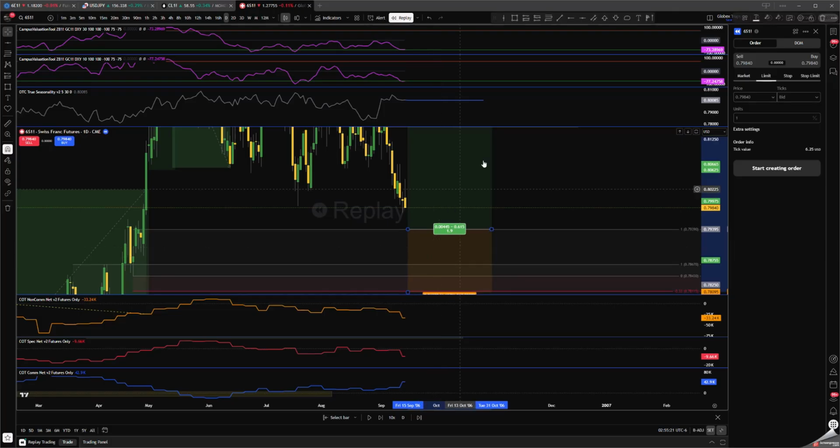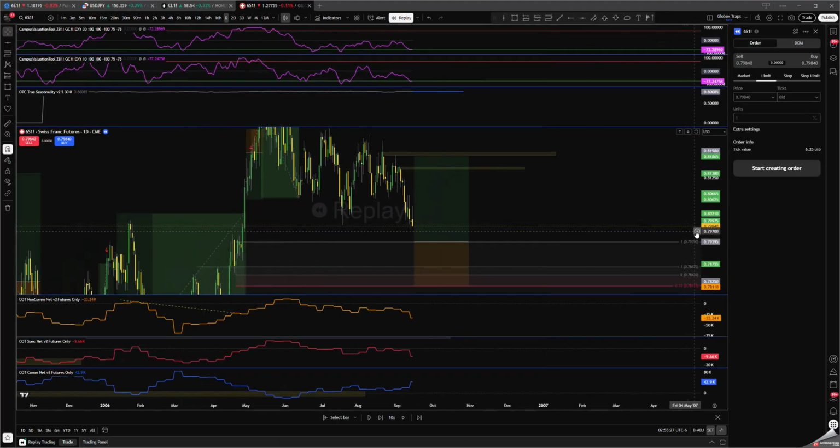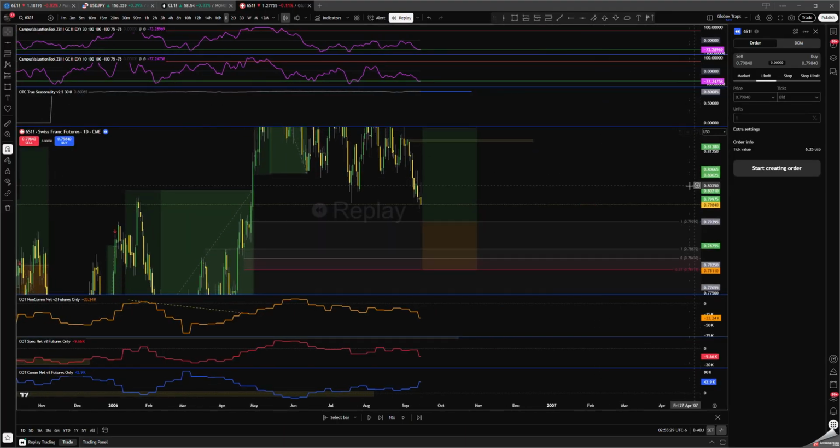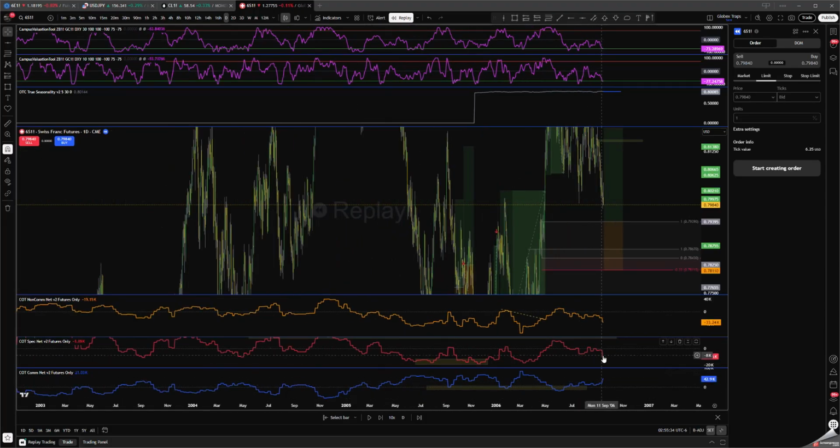And long-term valuation undervalued, short-term valuation undervalued. Commercials are kind of going bullish, retailers are bearish.